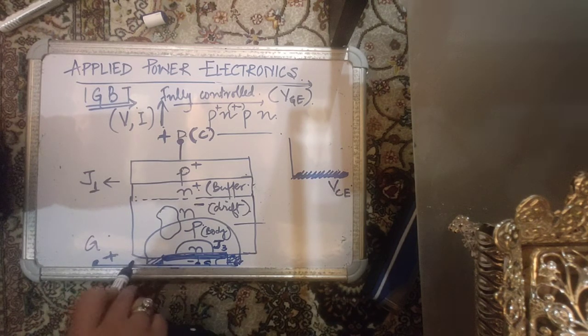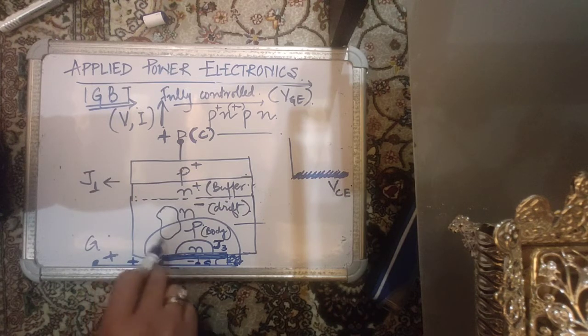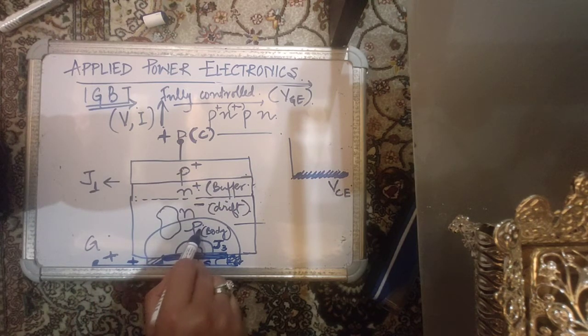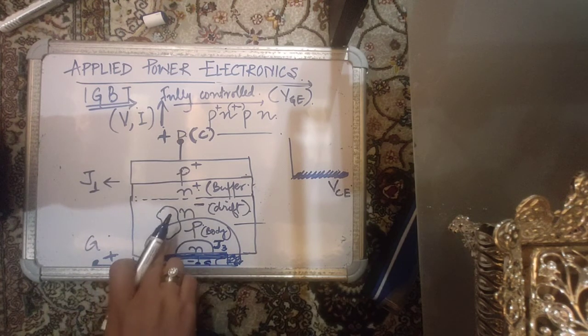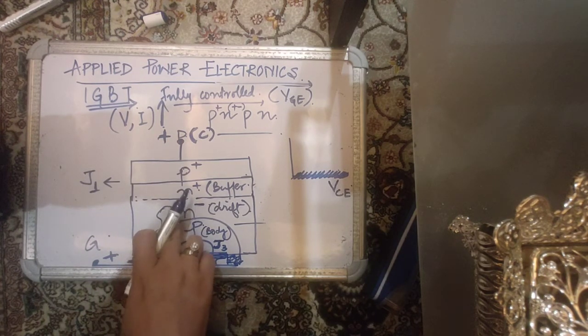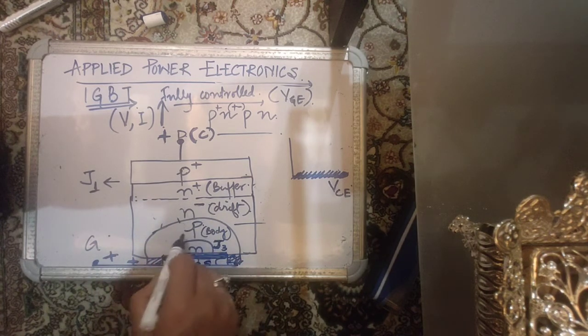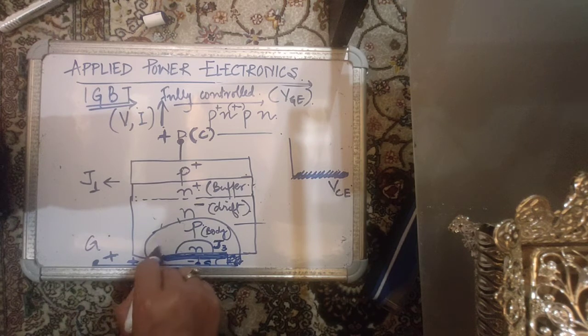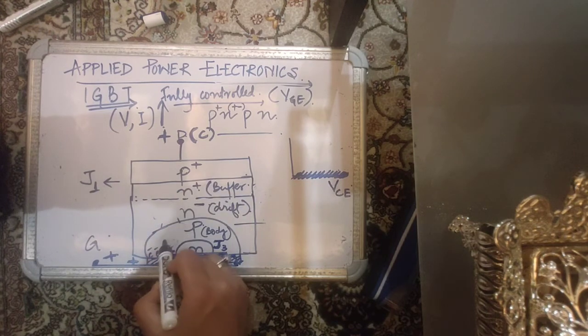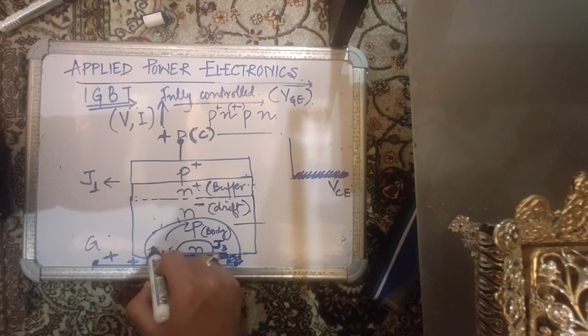But because your gate is positively charged, an electric field is set up, so all the minority carriers of this P region, that is your body region, which are the electrons, very few in number but they do exist, come closer to the gate. So there are a lot of electrons over here, and the holes move away from here, leaving behind immobile electrons.